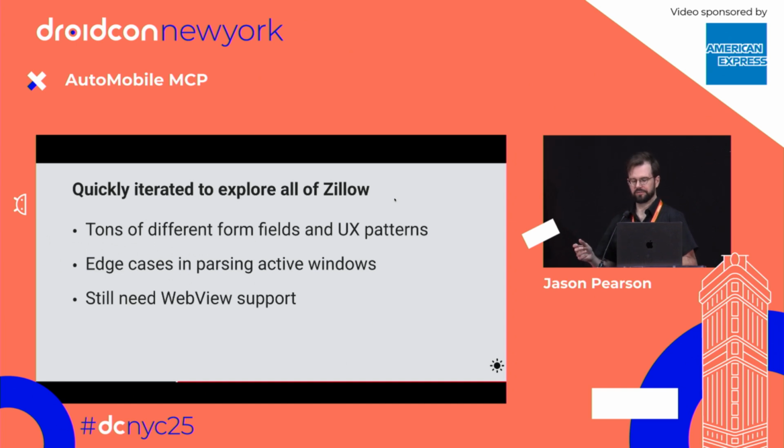I quickly iterated to explore all of Zillow's app, which is a pretty complex app with a million lines of code, hundreds of screens, tons of complex UI, form fields, web views, Google Maps, you name it, Zillow has it somewhere.